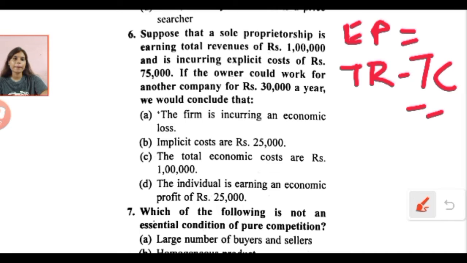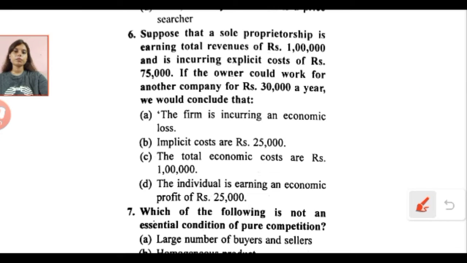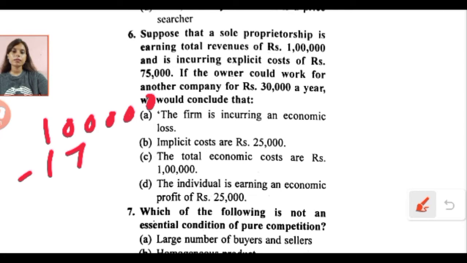EP is equal to TR minus TC. So let me put it in the form of that formula only. That is 1 lakh minus 75,000.